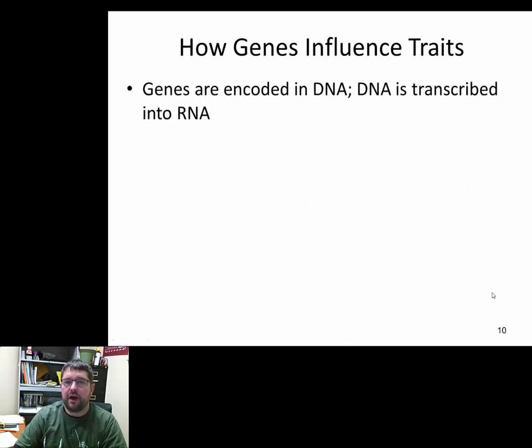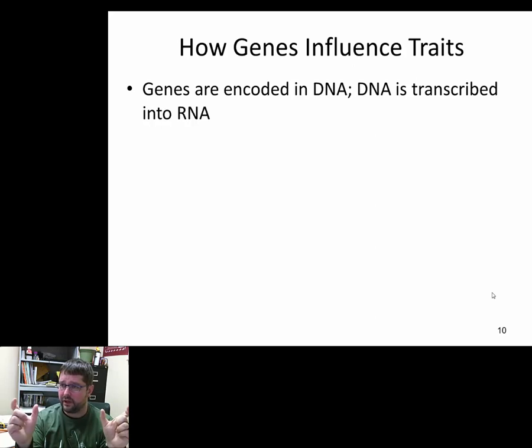All right, so how are genes influencing traits? Remember, a long time ago I talked about something called the central dogma theory. DNA is changed into RNA, and we call that transcribed.